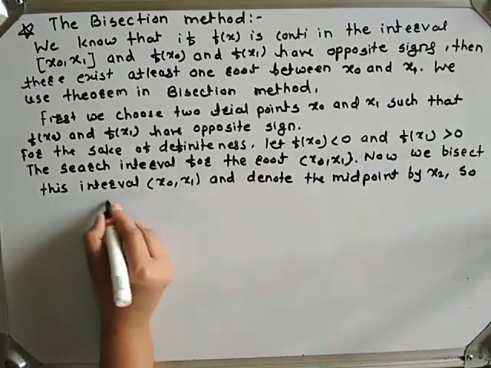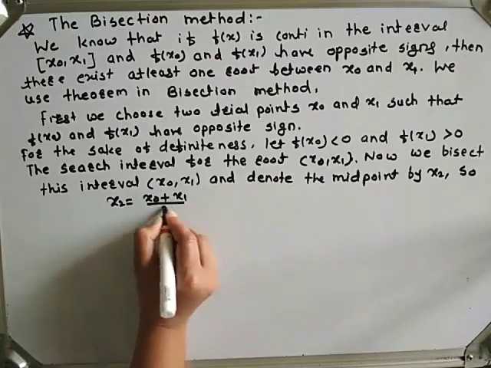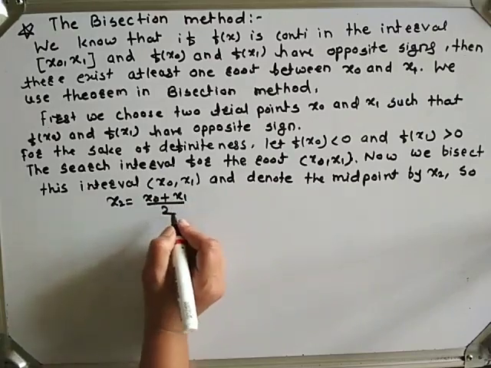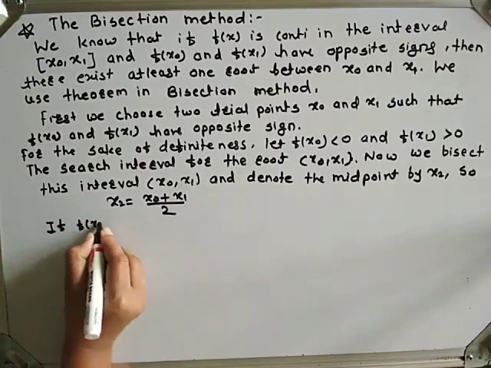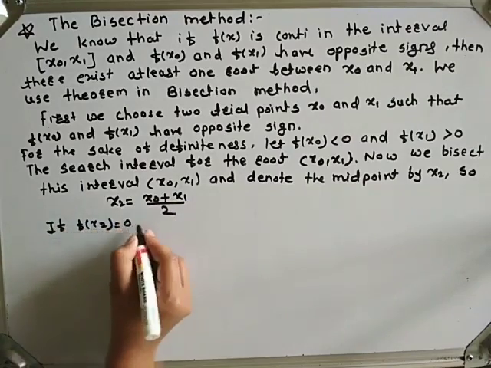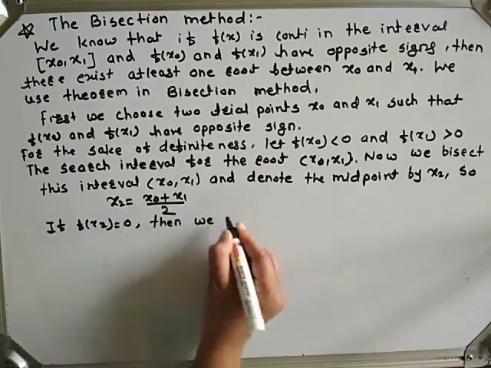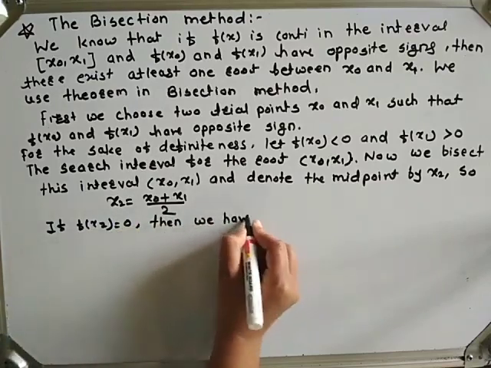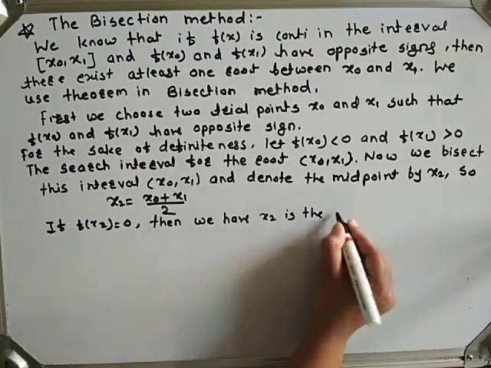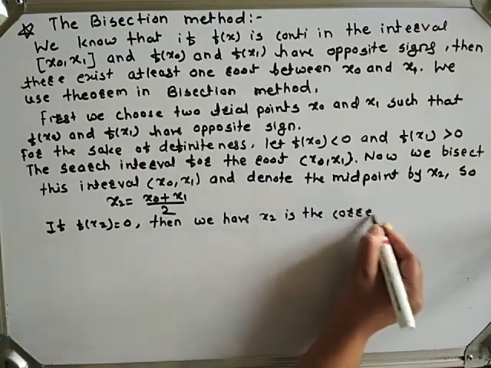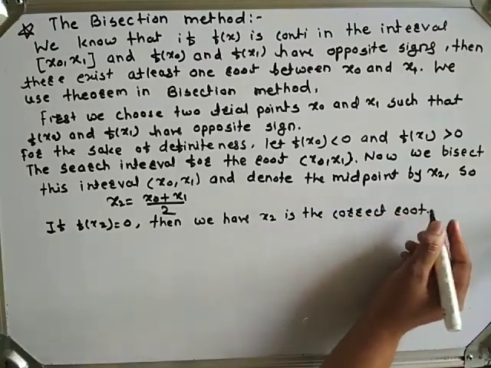So x2 is equal to x0 plus x1 upon 2. If f of x2 is equal to 0, then x2 is the correct root.